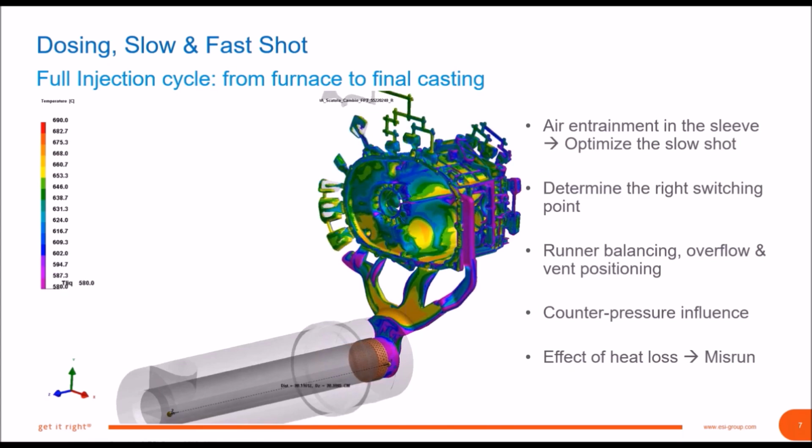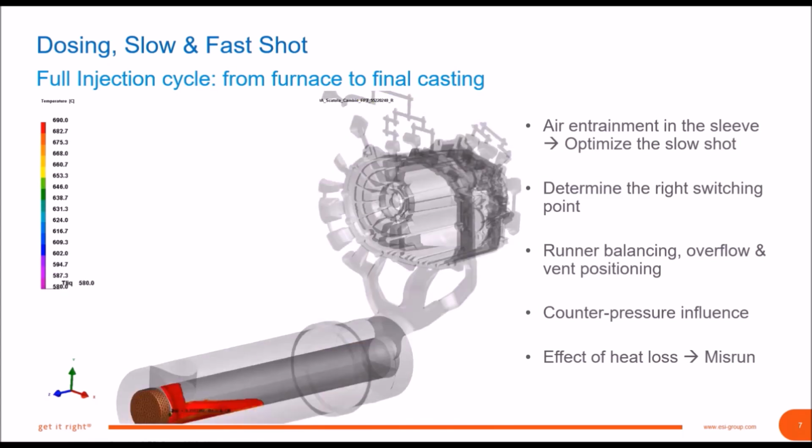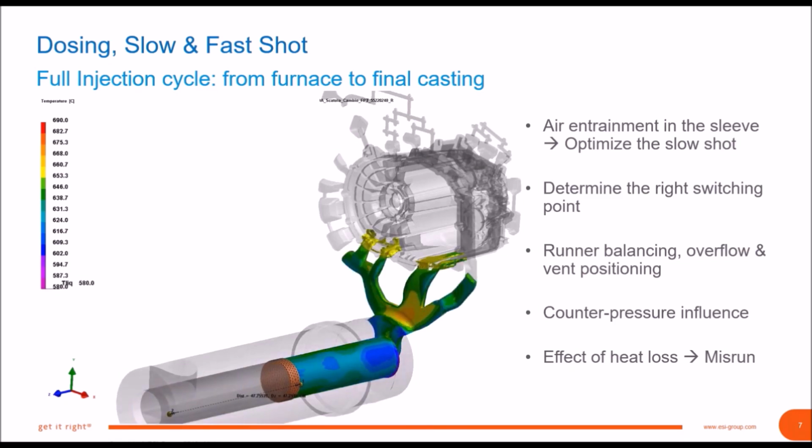So over here, there are again several things to predict. We have the air entrainment during the dosing. We can also optimize the slow shot, determine the right switching point, run a balancing, overflow positioning, and vent positioning. What is also quite important during this stage is the counter pressure influence of the air or gas inside the cavity.